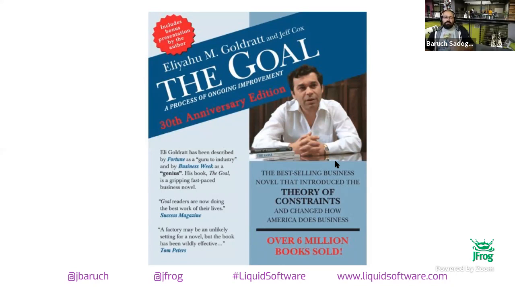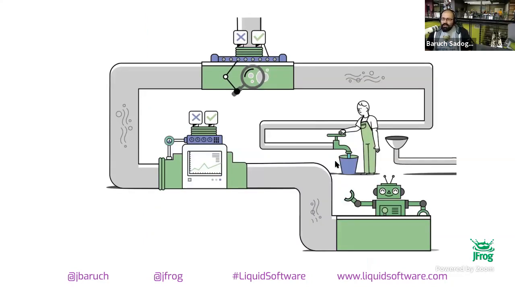One of the main concepts of The Goal is the theory of constraints. Theory of constraints basically means that the second you introduce a single constraint on your system, it propagates through the entire system. And you can see here that we managed to build an extremely automated pipeline of software delivery of liquid software.